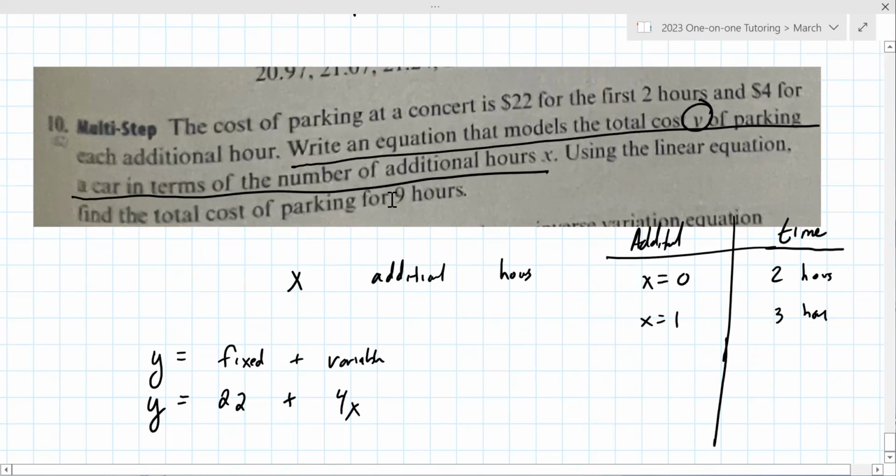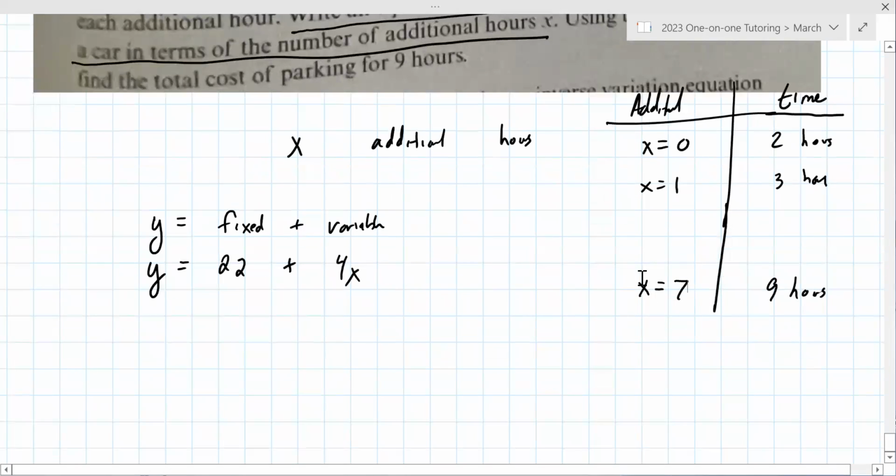Seems like just 9 hours. Yes, so minus the 2 hours. So X is 7. Do you see that? So you put 7 in for X. Y equals 22 plus 4 times 7.